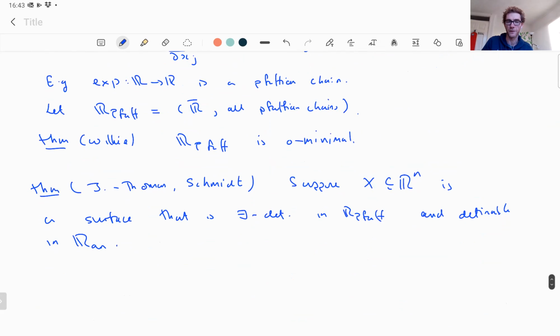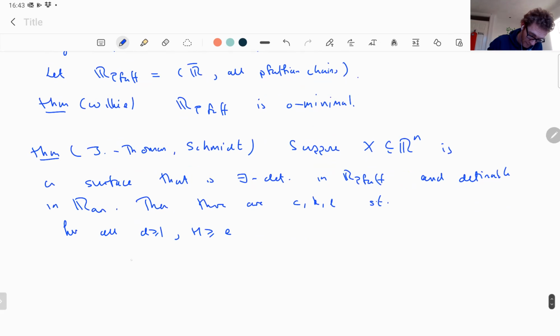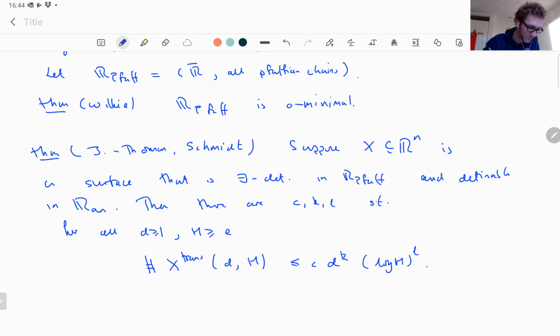But something like the exponential function, well, X is a surface, but you couldn't use the unrestricted exponential function in an essential way in the definition of X. And there are C, K, and L such that for all D at least 1, H at least e, the number of points on the transcendental part of degree at most D, height at most H, is less than or equal to C times D to the K times log H to the L.